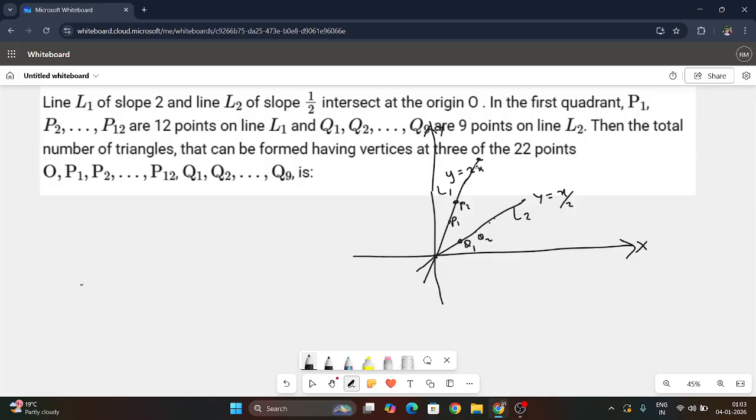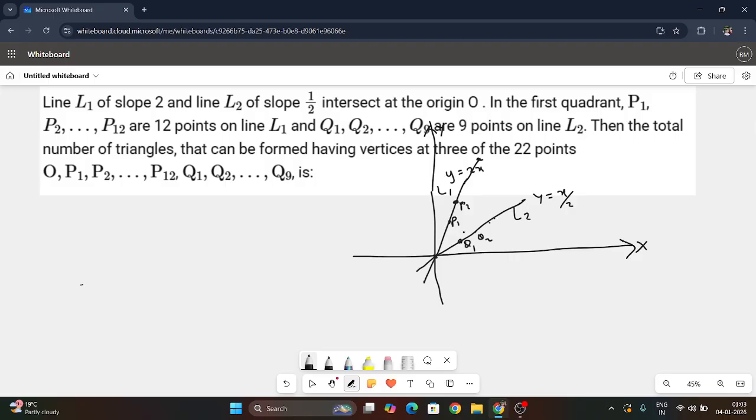Okay, so there are 12 points, and on this line there are 9 points. Okay, then the total number of triangles that can be formed having vertices at 3 of the 22 points. Okay, so there are 12 points, and these are the 9 points.